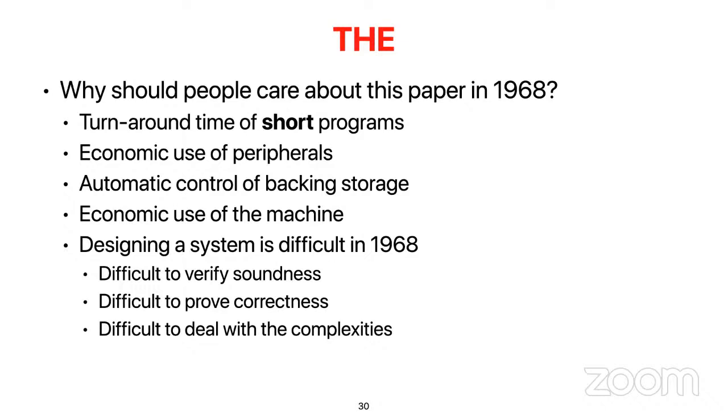Without this paper, there is no such subject called software engineering in computer science. This paper is saying that it's difficult to verify soundness, so we need software engineering. It's difficult to prove correctness, so we need software engineering. And it's difficult to deal with the complexities of creating a system, so we need software engineering. And a lot of principles in this paper you will find are part of the basic principles of software engineering.